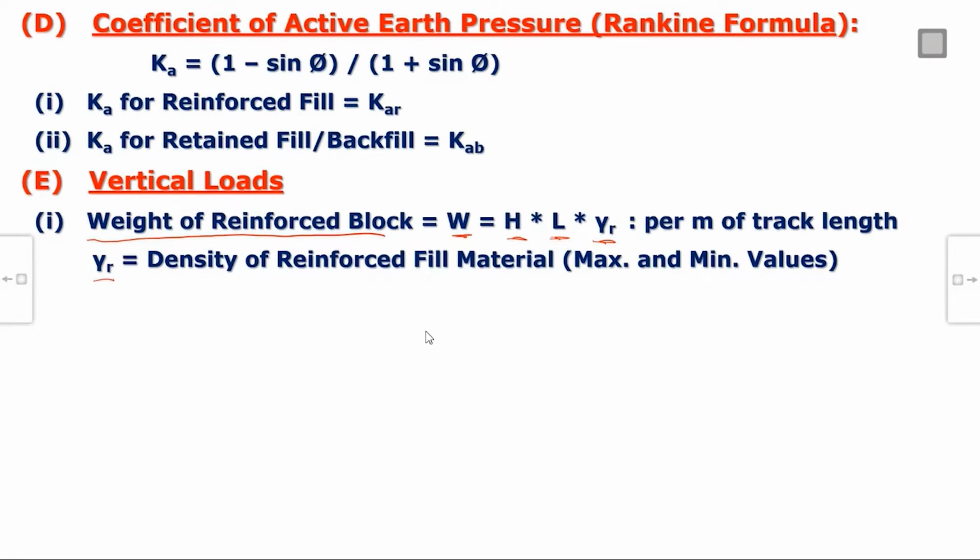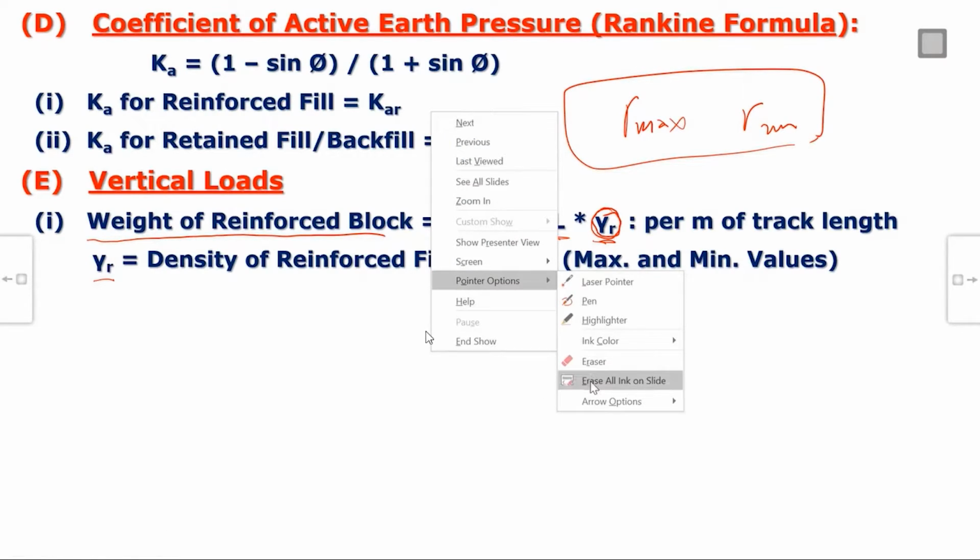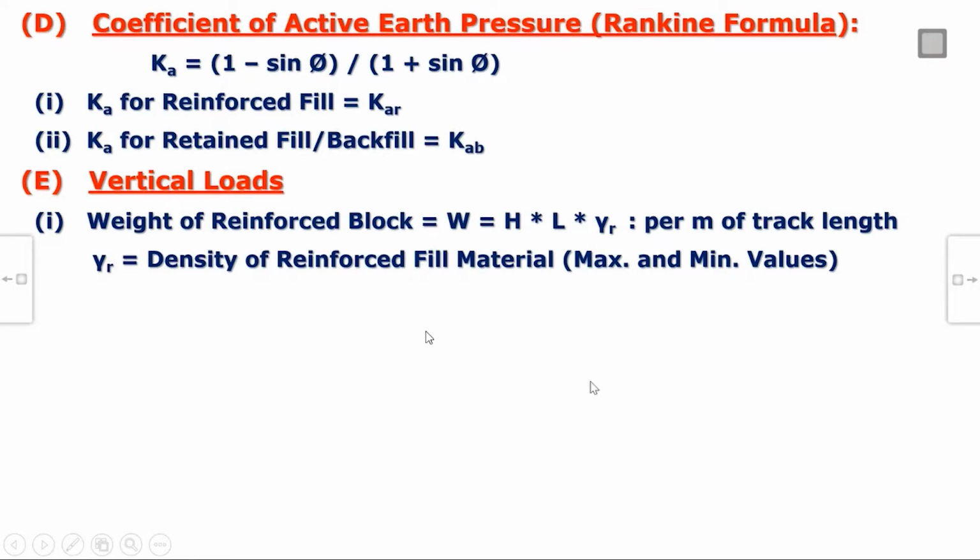Gamma R can also have two values. The density of fill can have a maximum value and a minimum value, which we check from shake table tests, gamma max and gamma min. For any granular material, it can have two values. So gamma R also can have two values, gamma R maximum and gamma R minimum, depending on the maximum and minimum density.